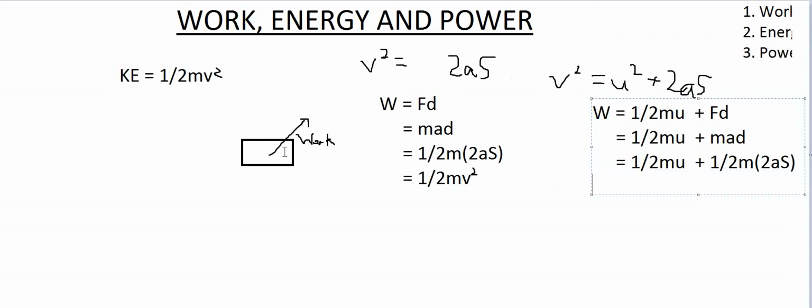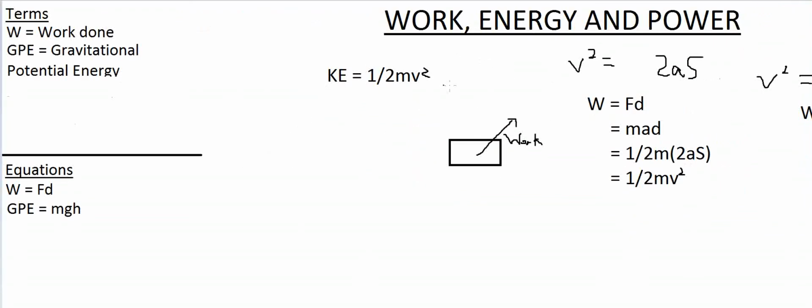Here distance and displacement are the same, so it's equal to half m times u squared plus 2as, which is equal to half mv squared. Okay, like this.